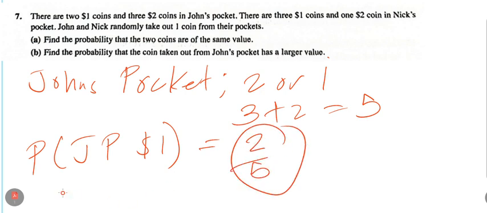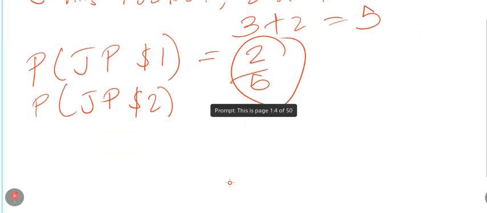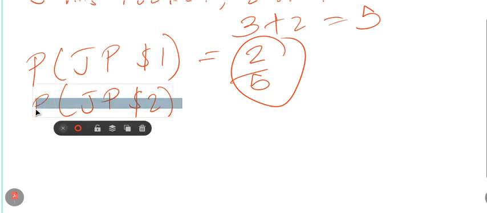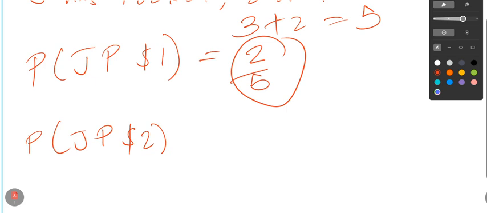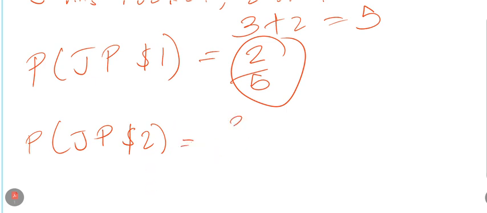If John picks a $2 coin, that's 3 out of 5, not 2. Okay, so I think we got that one right.